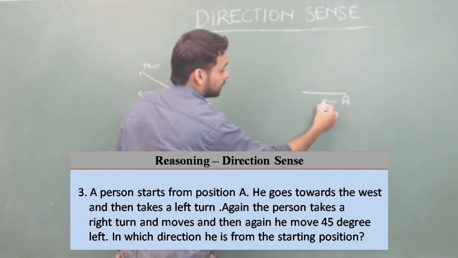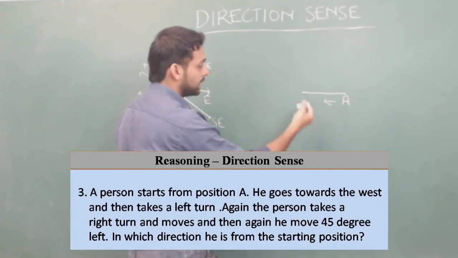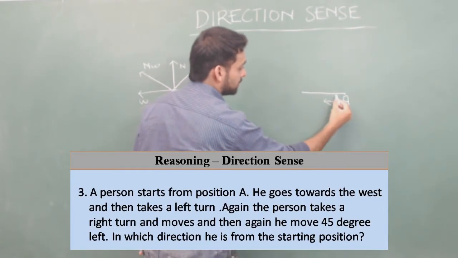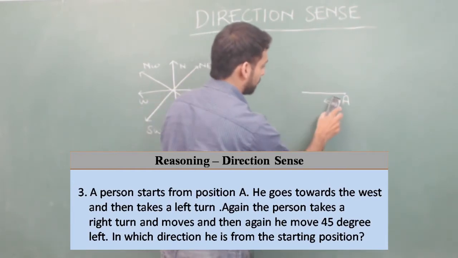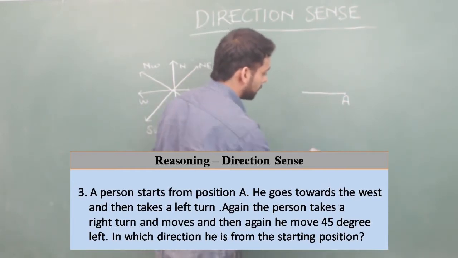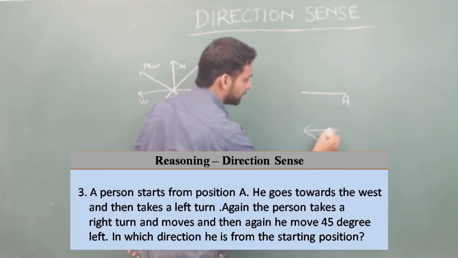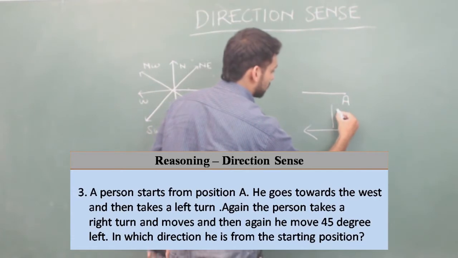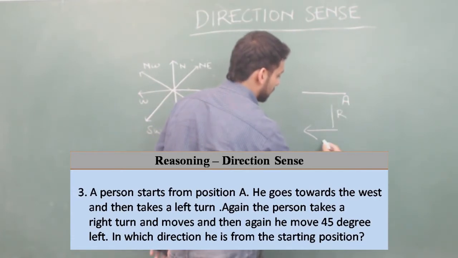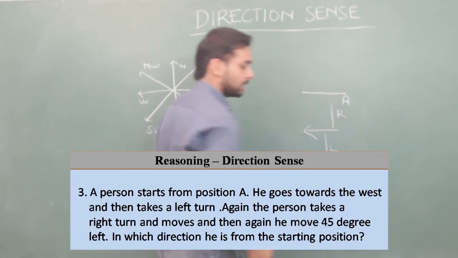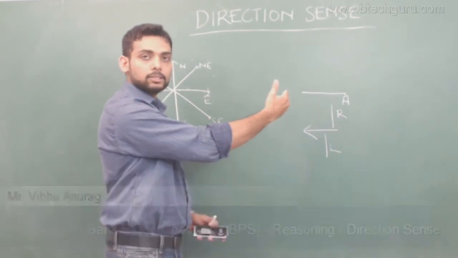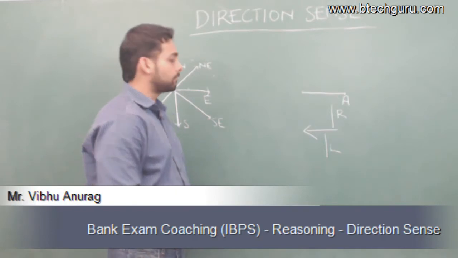When he is facing this way, this is his right and this is his left. Okay, when you face this way, the top part is your right and the bottom is your left.